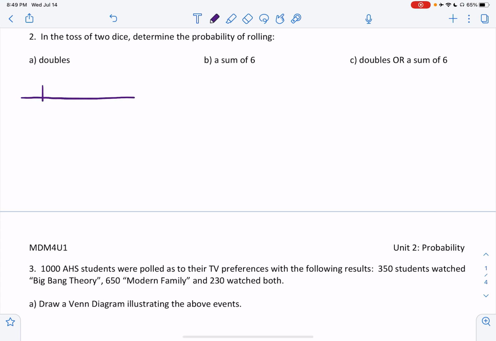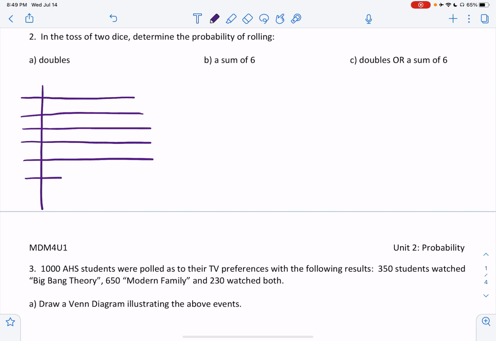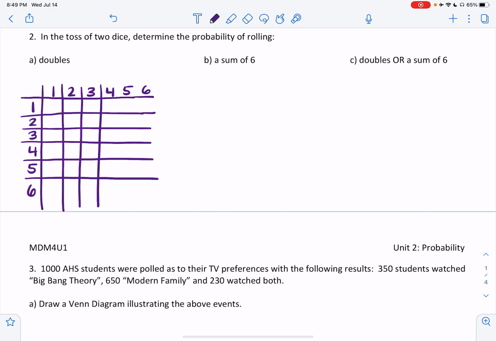So we have 1, 2, 3, 4, 5, and 6. Just to give us a little bit of a visual. 1, 2, 3, 4, 5, and 6. There we go. And we'll write out all of our outcomes here.